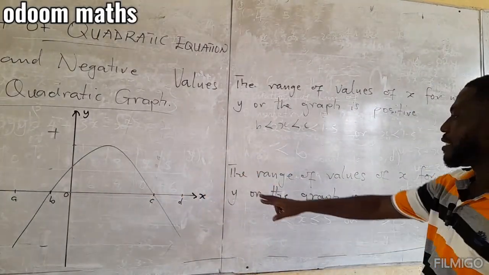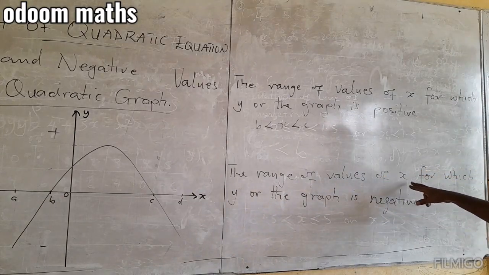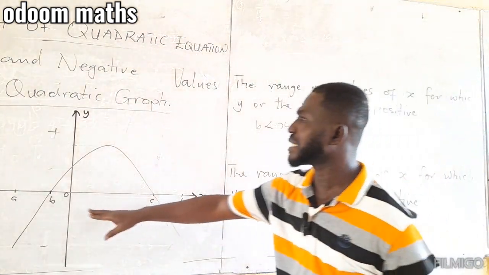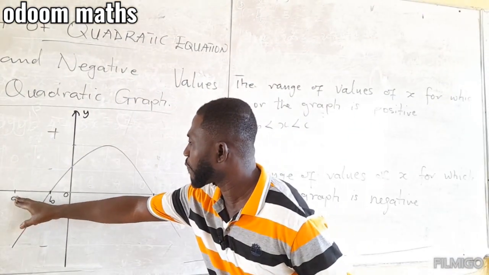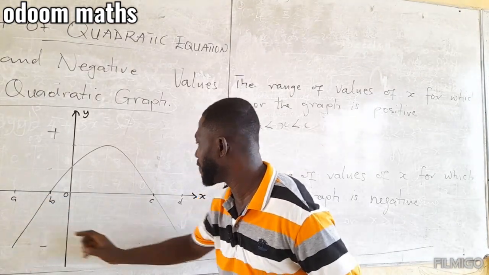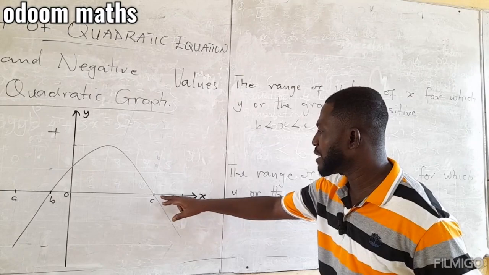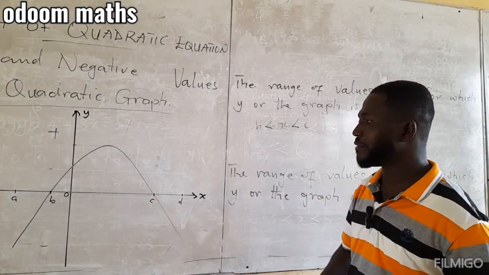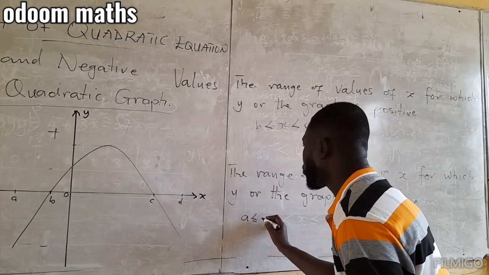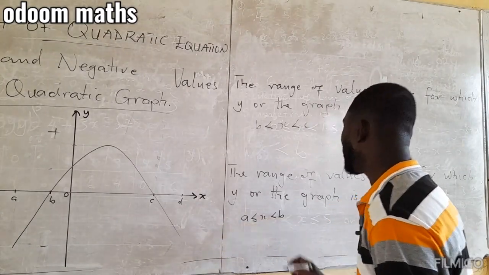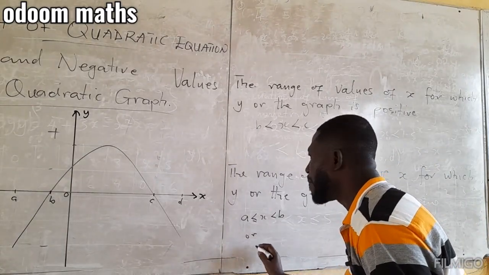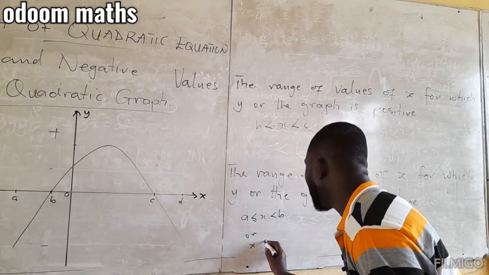Okay. Then the range of values of x for which y or the graph is negative. Looking at this one too, the values from between a and b are those values that make y negative. Then between c and d too, these values also make y negative. So we say that a less or equal to x less than b, or we write x is less than b.